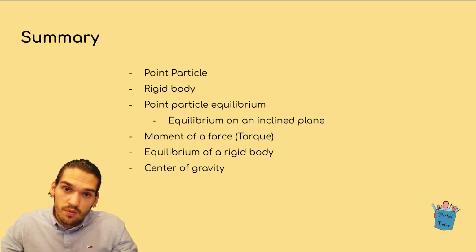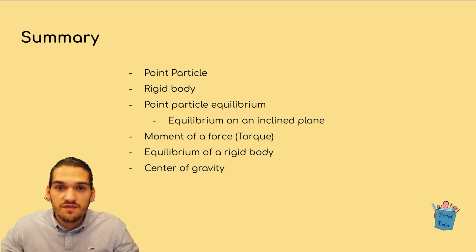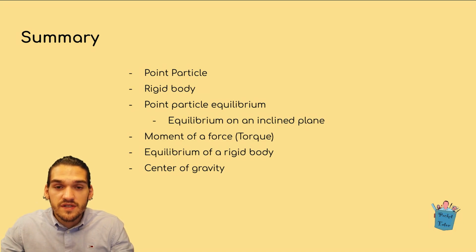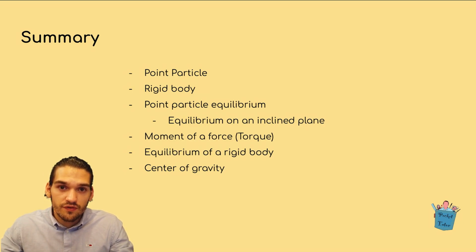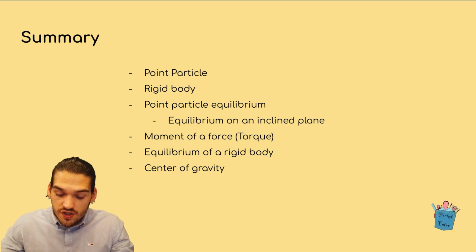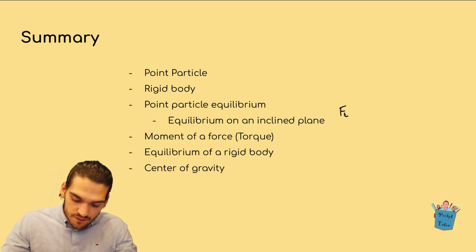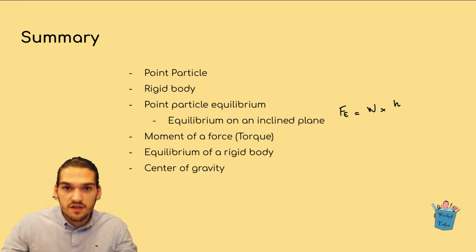We've seen the equilibrium of a point particle, that is achieved every time that the sum of all the forces acting on the point particle is equal to 0. We've seen the equilibrium on an inclined plane and how to compute the equilibrium force that we need to obtain the equilibrium on that plane, which is given by Fe is equal to the intensity of the weight times the height of the inclined plane over its length.